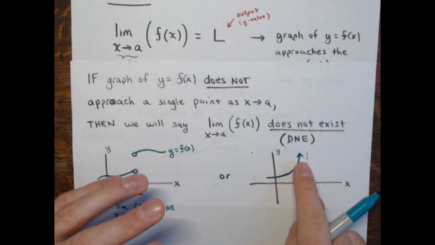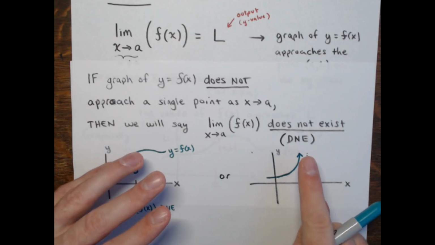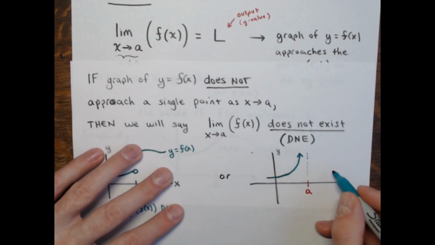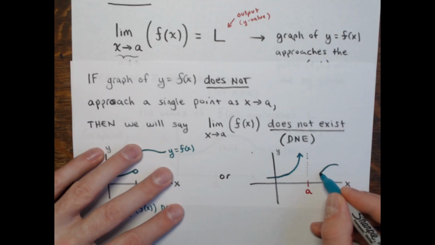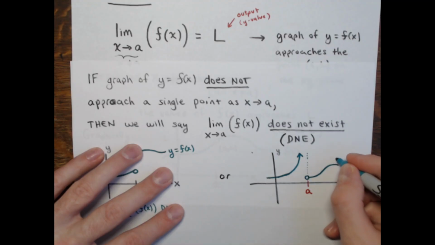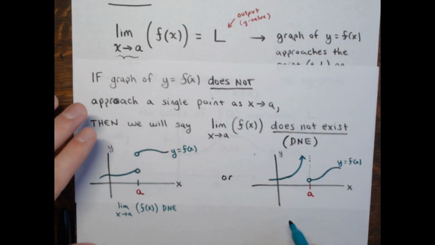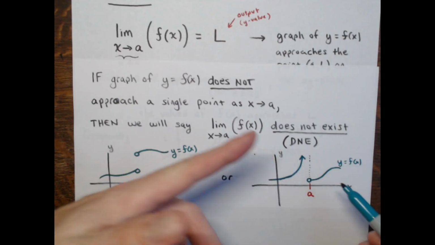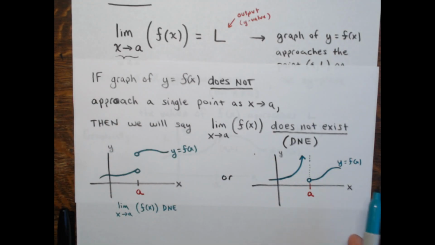We're going to call this an infinite limit later and actually say it's infinity on one side. But maybe on the right side, it actually approaches some location. So here's y equals f of x again. Same deal. On both sides of a, the graphs are going to different places. That's all you need to see to say that a limit doesn't exist.